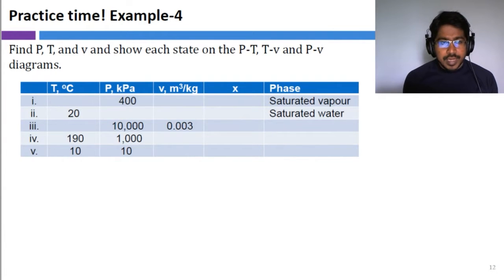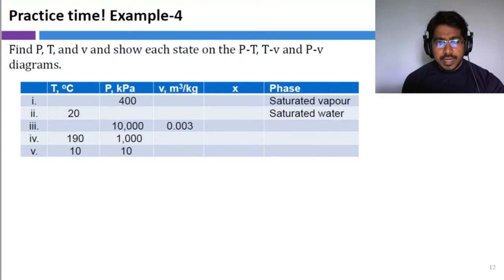How do we get the properties from the so-called thermodynamic tables, right? I know that you are not well aware of how to do that yet. Therefore, I'll do the first example with you. In the first example, the pressure is given and the phase is mentioned: saturated vapor.